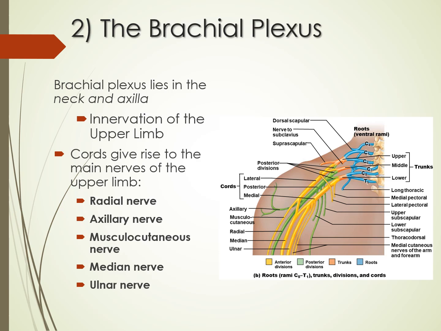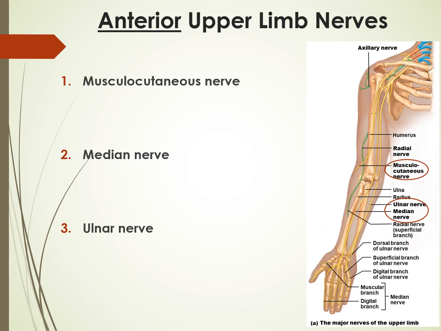So we have 5 of these upper limb nerves that we care about. I'm not going to talk too much about some of the smaller branches, but we have the radial nerve, the axillary nerve, musculocutaneous nerve, median, and ulnar nerve.